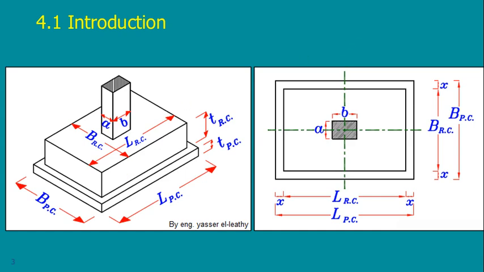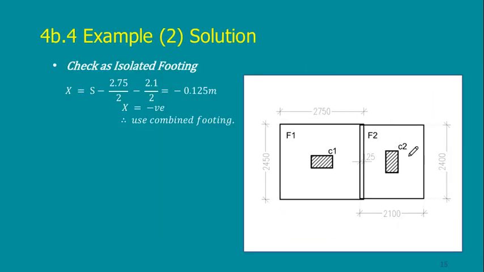But in case of a combined footing, if I replace this with one combined footing, it will be like a beam with two columns resting on the soil. There will be negative moment, positive moment, so I will have to put upper and lower steel, so the price will be much higher. So this is a rule of thumb. When I have a way to replace a combined footing with two isolated, go ahead and do this.